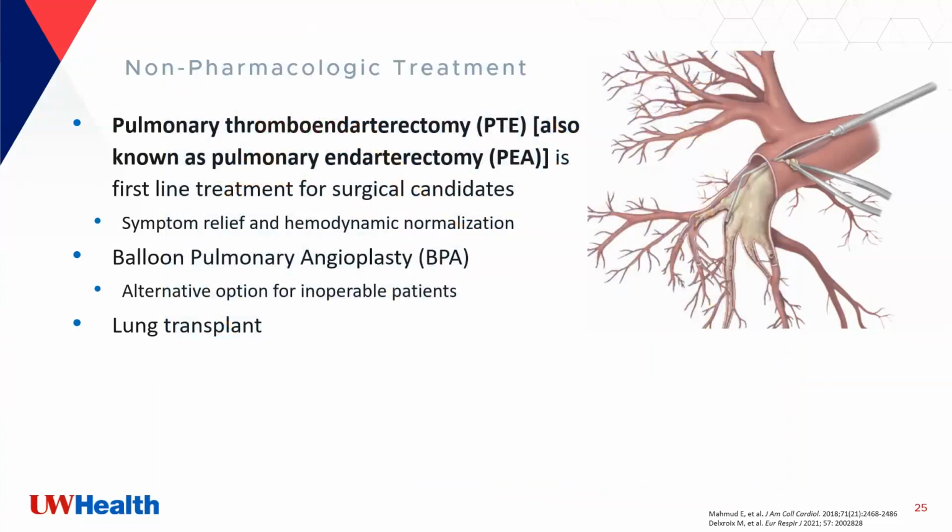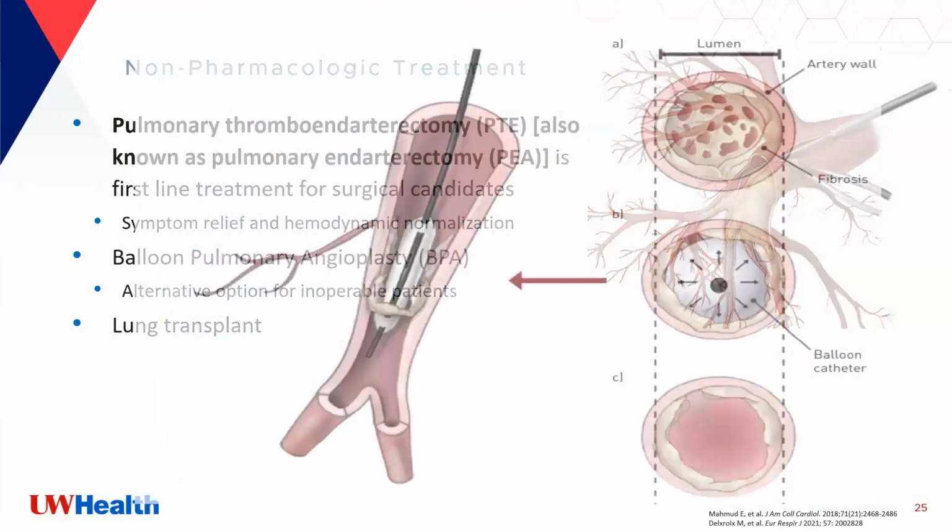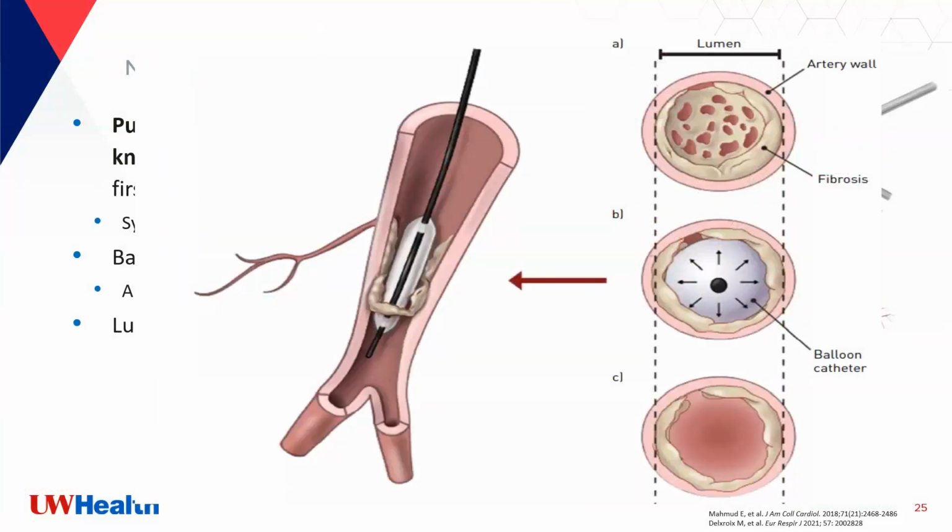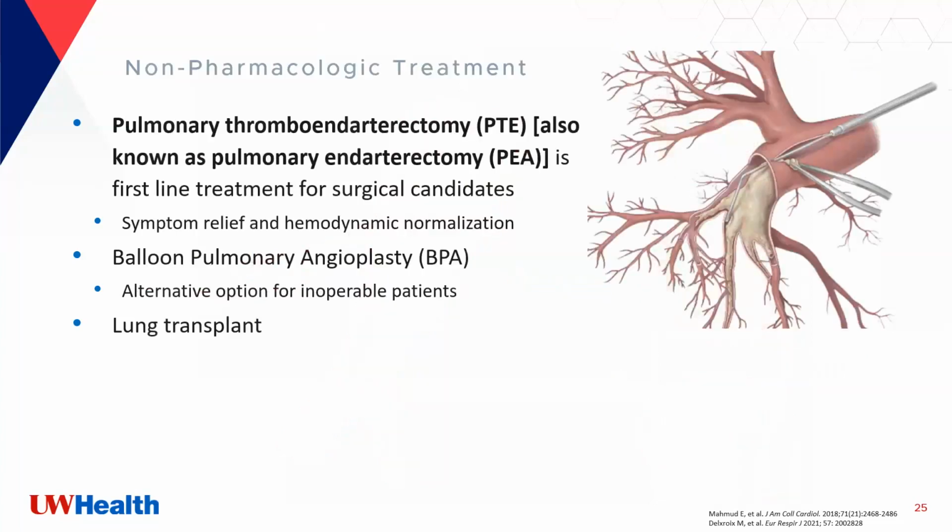For patients who for some reason cannot undergo surgery, another alternative option is balloon pulmonary angioplasty. And it's where a catheter is inserted and then balloon is expanded, and then it helps to widen the arteries to help restore that blood flow. For some patients who have really severe disease, they might consider a lung transplant.